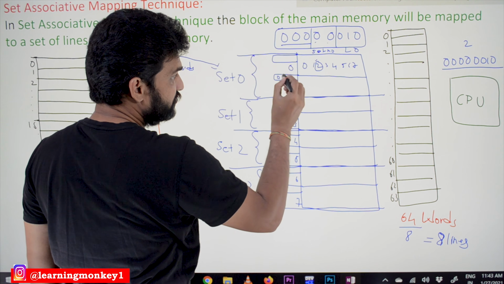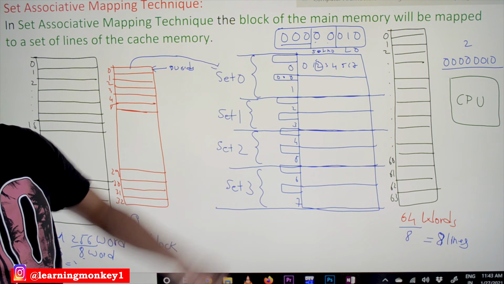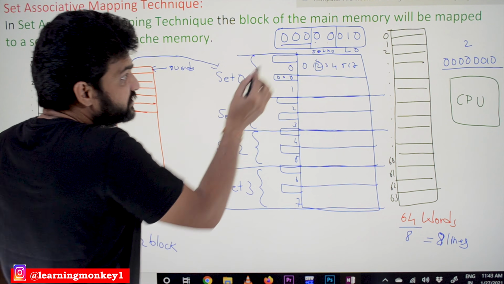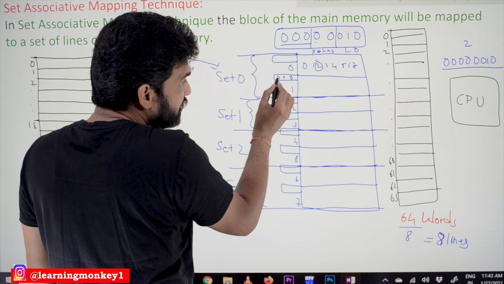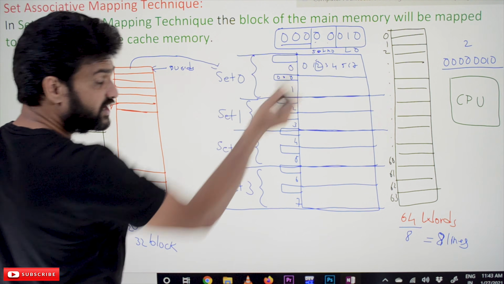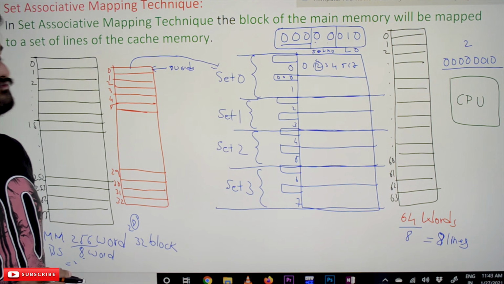These 3 bits are what we call the tag bits. The concept of tag has already been discussed in our previous video; I hope you have watched those videos. These 3 bits are compared with the tag bits stored in the cache memory. So this is how set associative mapping works.